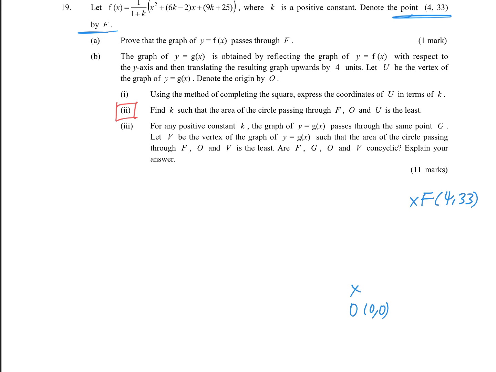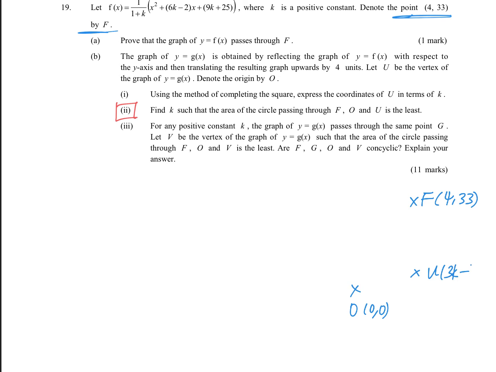And then from the last part, U will be (3k minus 1, 28 minus 9k). Since k is a positive constant, maybe we can assume U is somewhere here. So this is 3k minus 1.